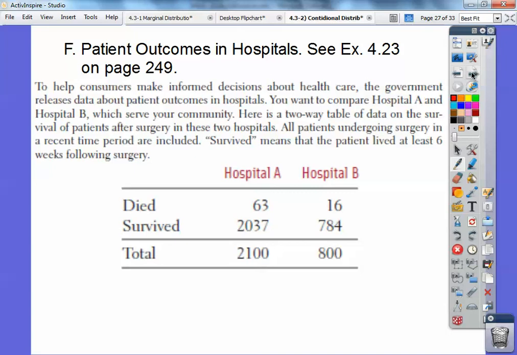You want to compare Hospital A and Hospital B, which serve your community. Here is a two-way table of data of the survival of patients after surgery in these two hospitals. All of these patients who underwent surgery in a recent time period are included. Survived means that the patient lived at least 6 weeks following surgery. Okay, so there's the data on that.